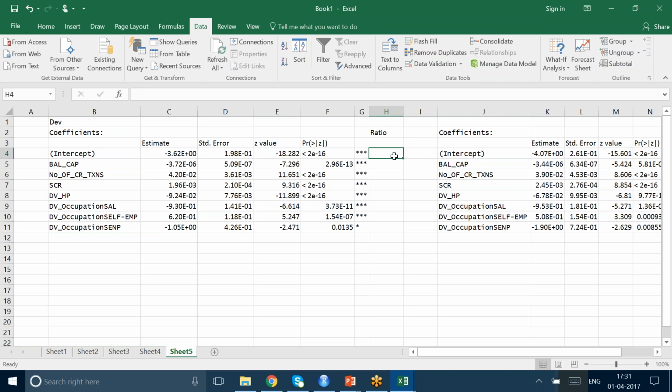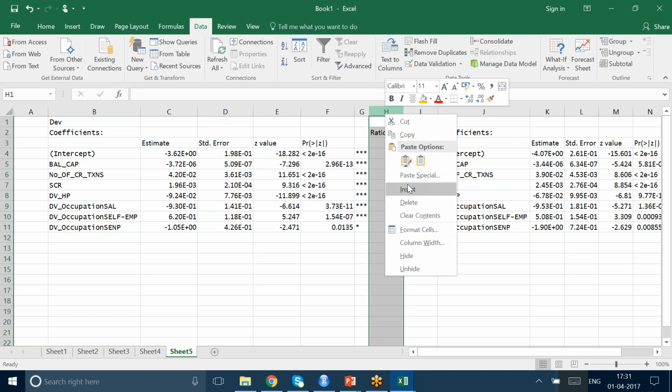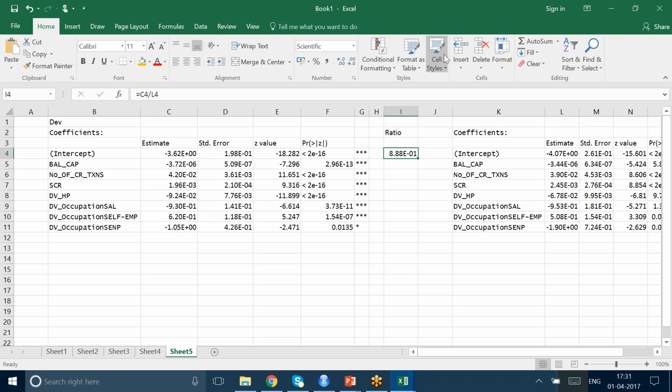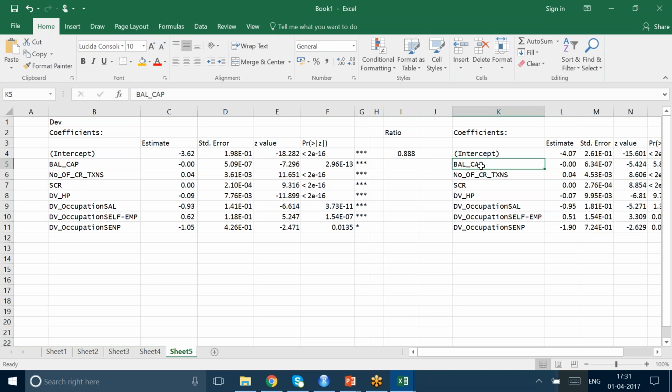So ratio. What I'm going to do is this. This is the estimate of development. This is the estimate of validation. All of them also have commas.